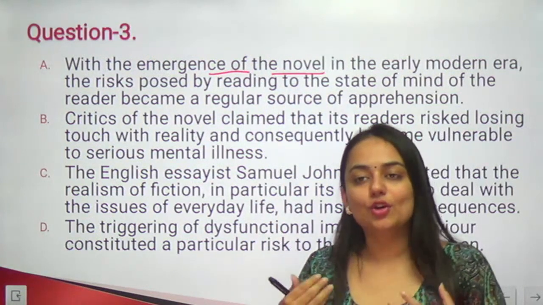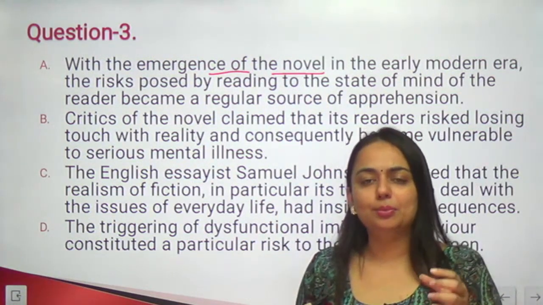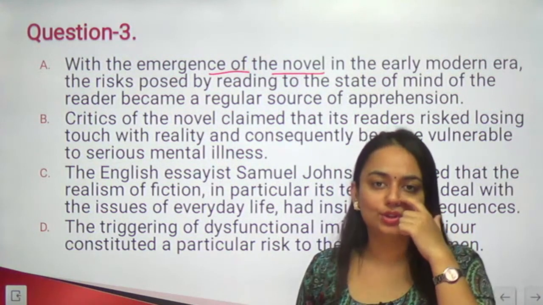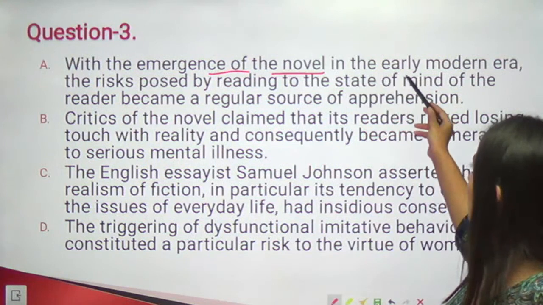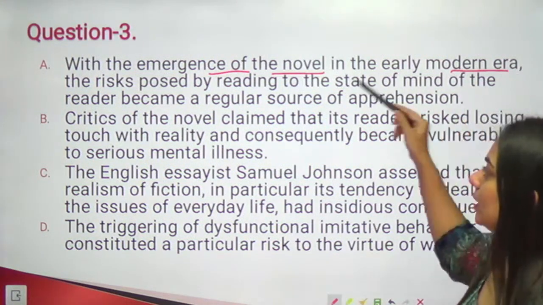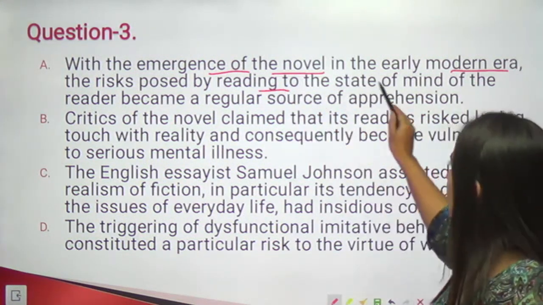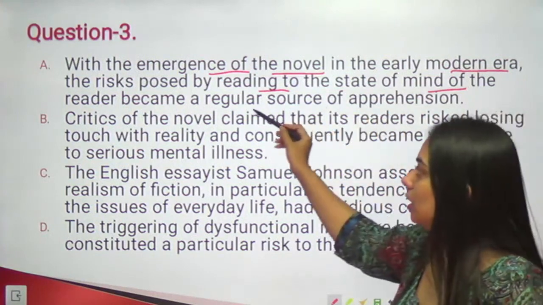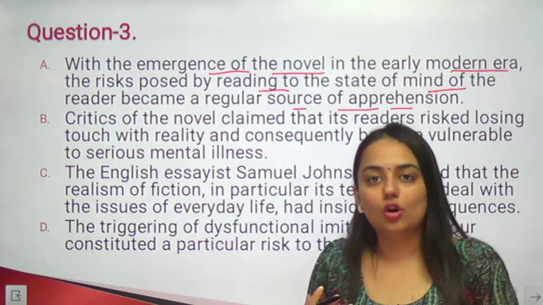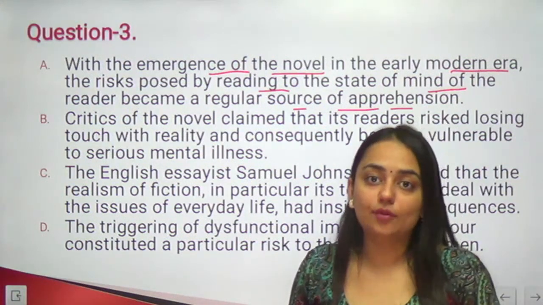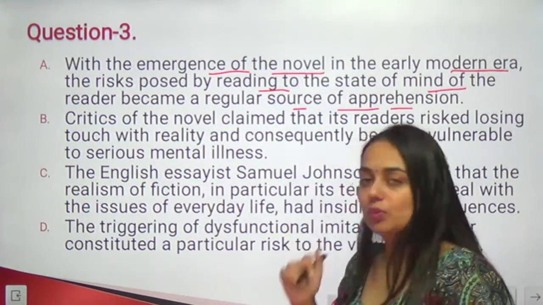So this novel's concept came much later when people wanted something short to study, right? To have pleasure from it. So emergence of novel, when it came in the early modern era, the risk posed by reading to the state of mind of the reader became a regular source of apprehension. People used to get anxious thinking of what kind of effects reading can have on people's mind. So that is what the subject area is.